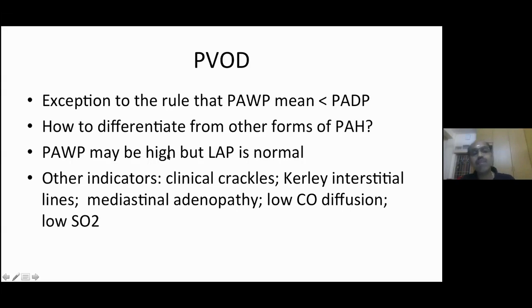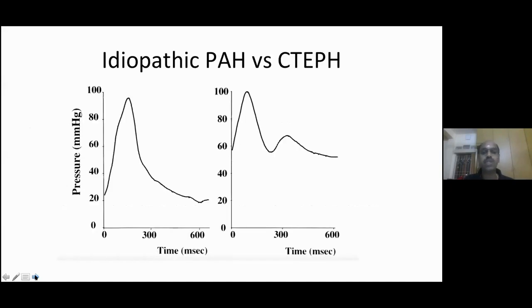In this patient, you may have a pulmonary artery wedge pressure which is high, but the LA pressure will be normal. The clinical indicators will be multiple crackles, chest X-ray showing interstitial lines, mediastinal lymphadenopathy, low carbon monoxide diffusion, and low saturations. Otherwise, all patients with pulmonary arterial hypertension will have PA diastolic pressure higher than the pulmonary capillary wedge pressure.